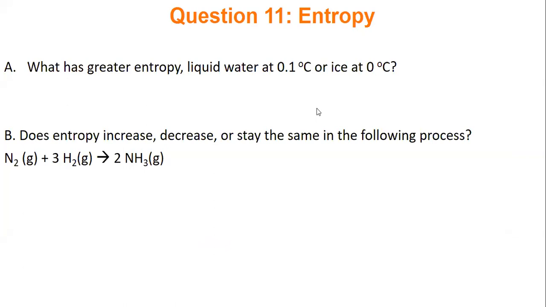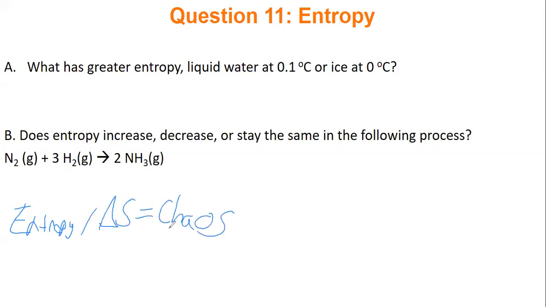So what has greater entropy or chaos? Liquid water at 1 centigrade or ice at 0? And for the process shown below, is entropy increasing or decreasing? Remember, every time you see the word entropy or delta S, I want you to think of the word chaos because it means the same thing.